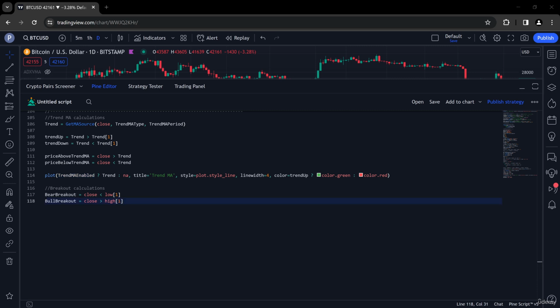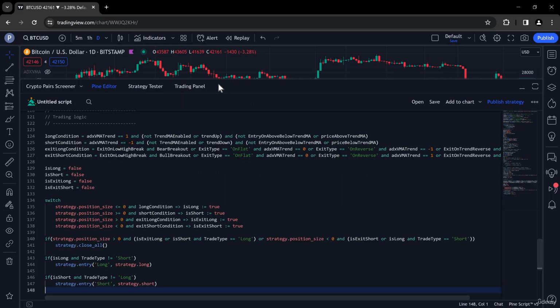And the next and final section of this trading strategy is the trading logic section. In this section we do all necessary trading logic and we do all necessary calculations.